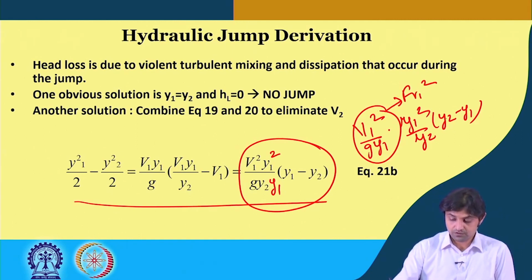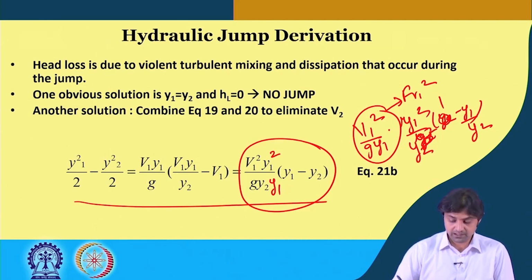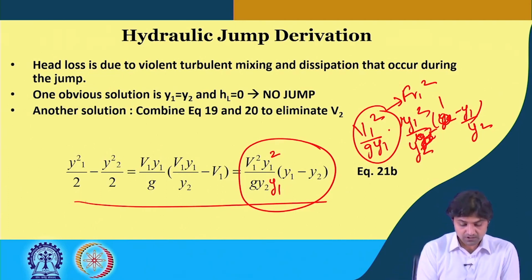And when this goes inside, this becomes 1 y1 by y2, and so this y2 whole square when multiplied here will also be divided here.